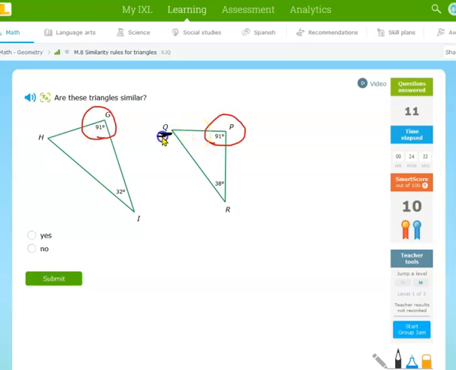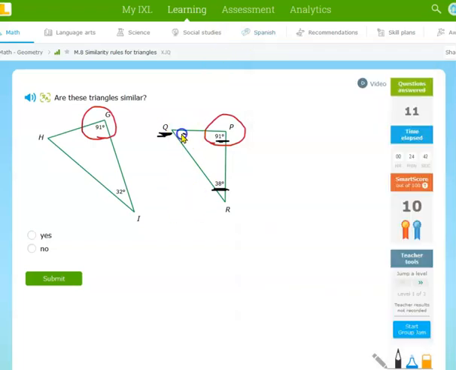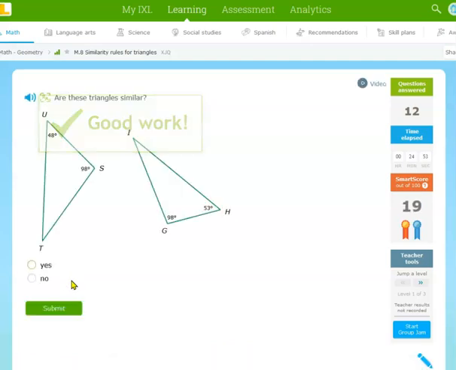We're going to see if we can figure out what Q is, and maybe Q is equal to 32. If so, that would be really, really cool. So we're going to grab a calculator and we're going to do 180 minus 38 minus 91, and that's going to give us Q. So 180 minus 38 minus 91, 51. That means that I, 32, does not have a matching angle, so these are not similar yet again.